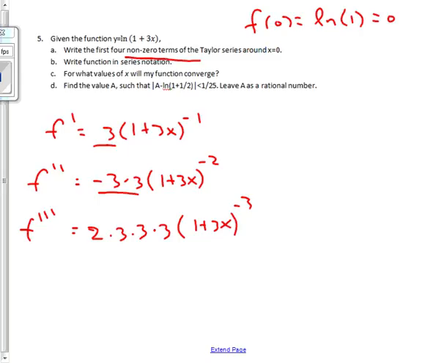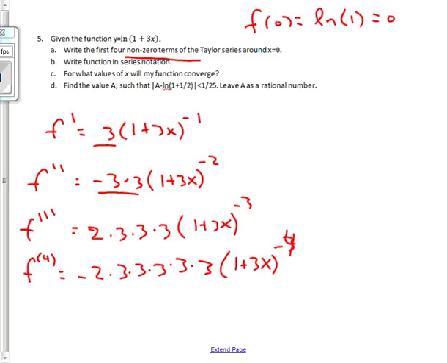And our fourth term, negative 2 times 3 times 3 times 3 times 3 times 3, (1 plus 3x) to the negative 3, or sorry, to the negative 4.